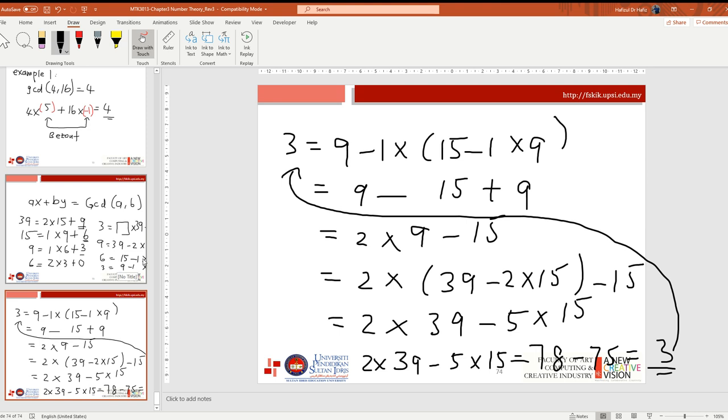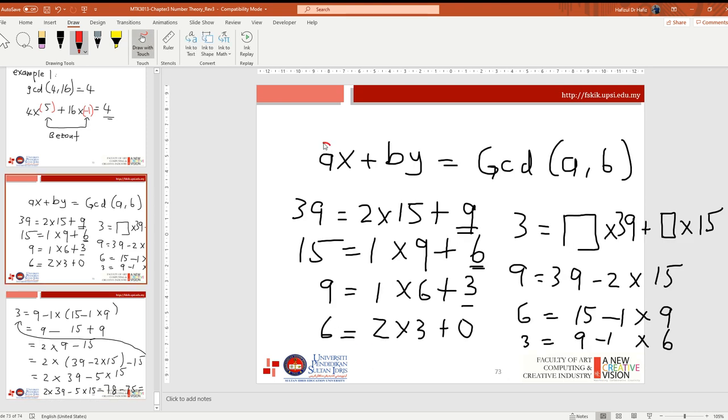Okay, yang ni A kita dapat 39 tadi. Yang A ni 39, B ni 15. Okay, kita dapati AX plus BY sama dengan D lah. Okay, D ni kita dapat 3 tadi kan.